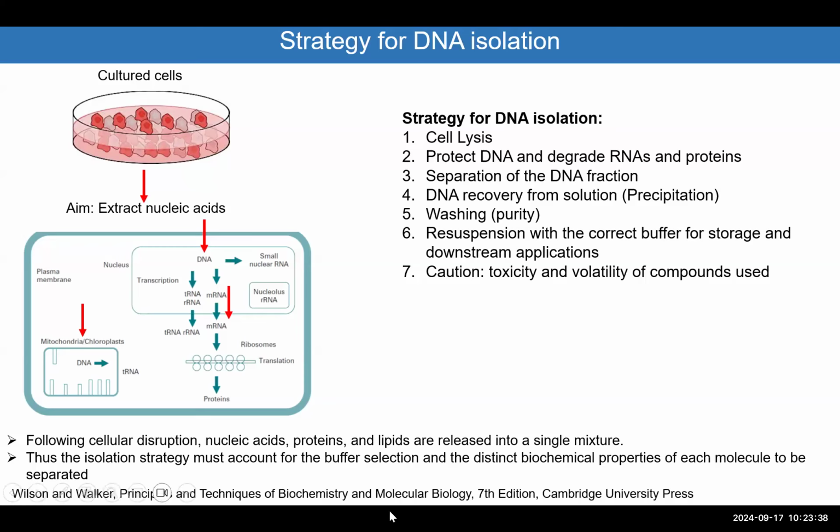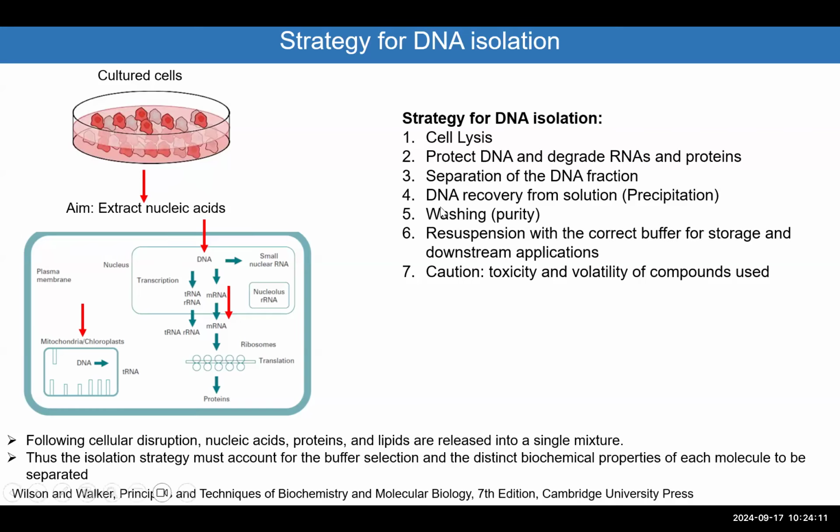So when you make this mix after lysis, those DNases can destroy your DNA, so you want to protect it. Then you want to get rid of other material that contaminates your DNA, which is mainly RNA and proteins. And then eventually you want your DNA to go to a fraction where the majority is in fact DNA.